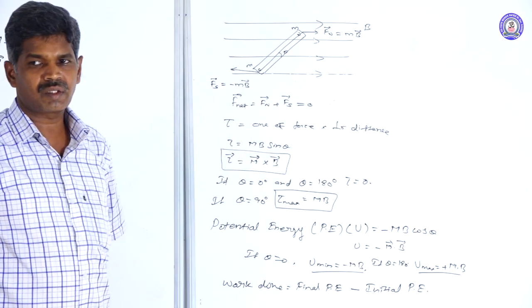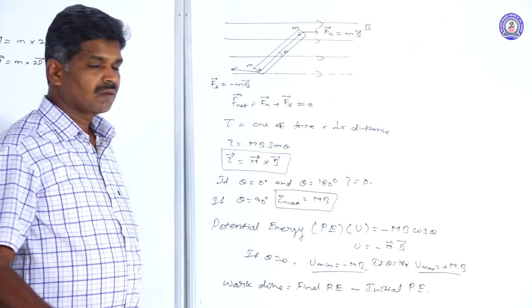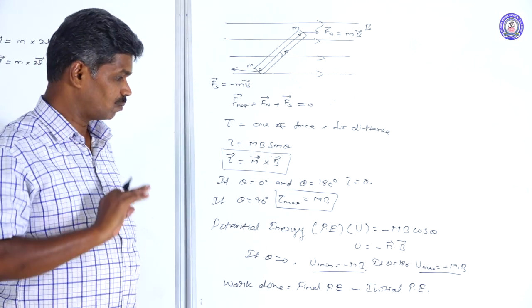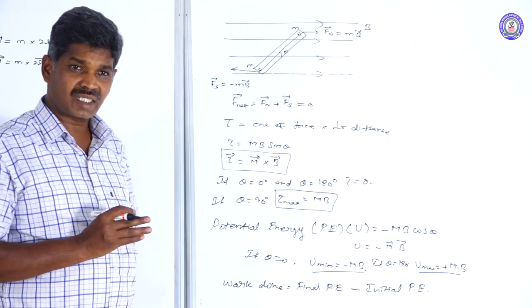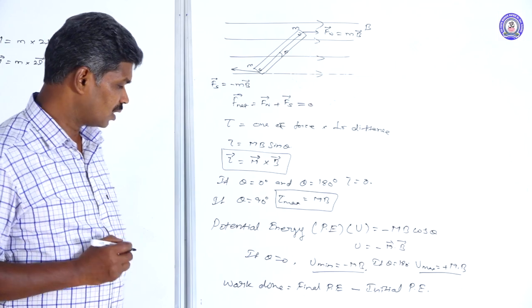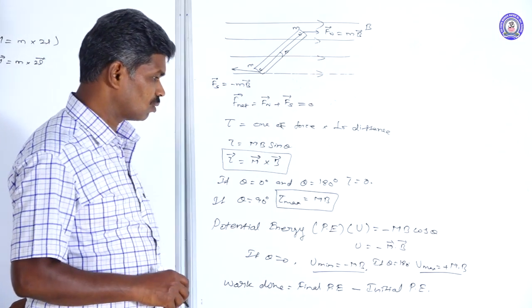In a stable equilibrium, we know that the initial potential energy is the minimum. The final potential energy is based on our angle of rotation. That's why we are going to substitute these two.